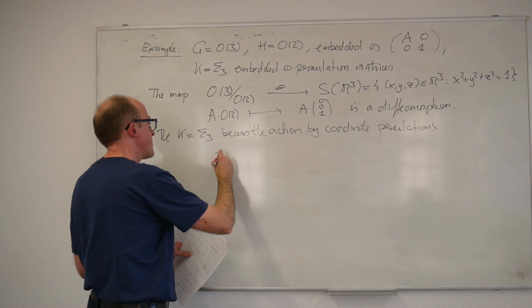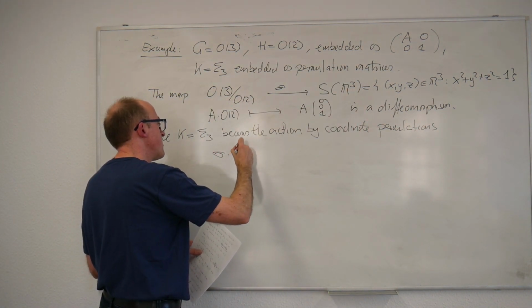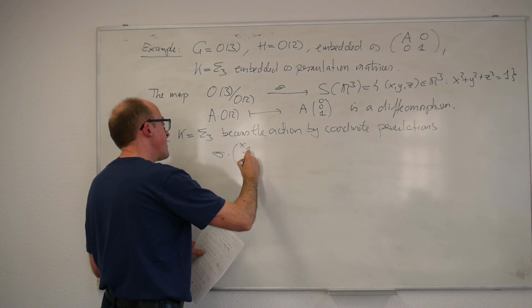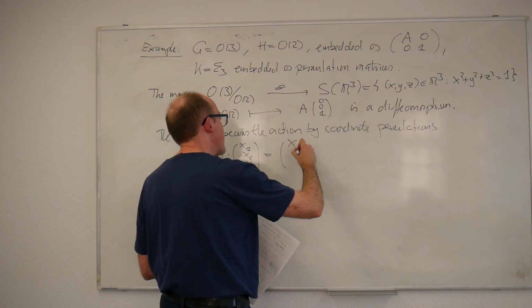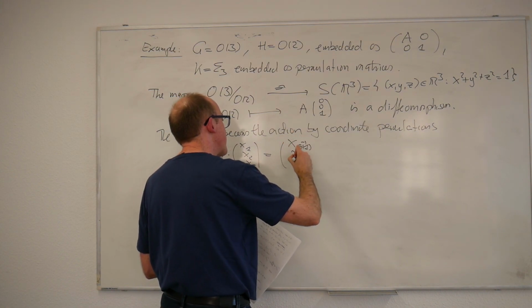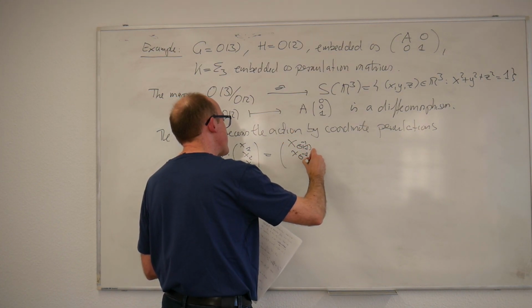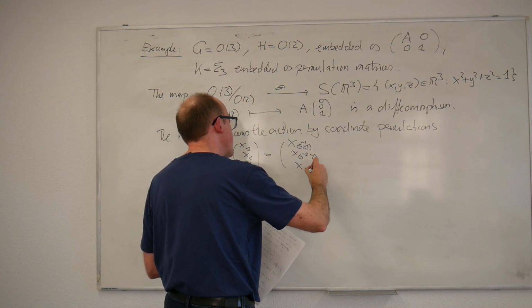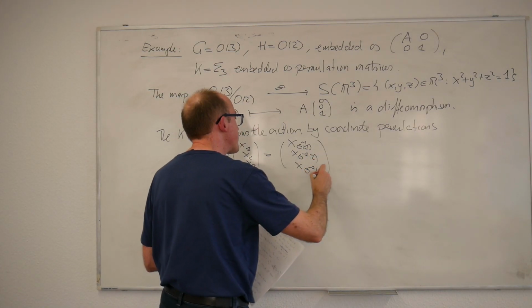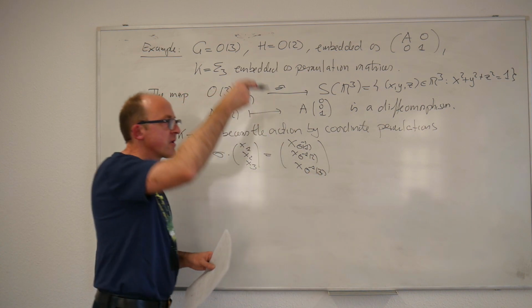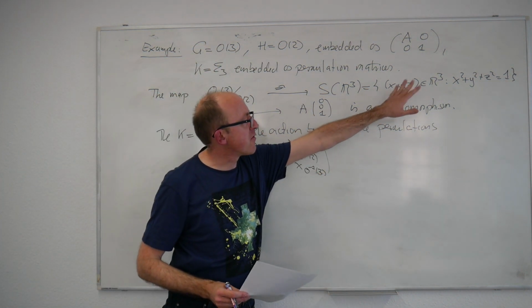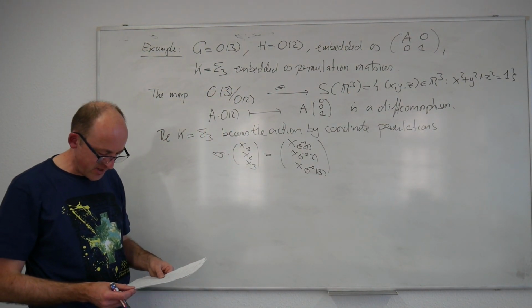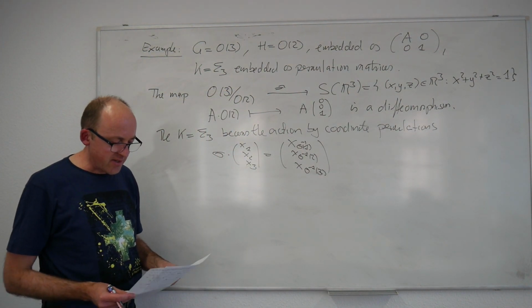So an element in the symmetric group acts on a vector x1, x2, x3. Well, since I have left actions, I need to take the inverse, sigma inverse of 1, sigma inverse of 2, sigma inverse of 3. And I guess I'm not completely consistent. I think I should always be writing column vectors that would be more consistent, but here I have written row vectors. I hope you'll forgive me for this slight inconsistency.